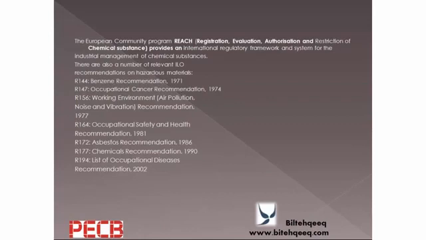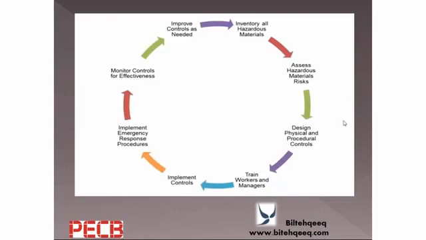If you see the cycle, it starts from assessing hazardous material risk, and then you need to design physical and procedural controls, and after designing the controls, you have to train workers and managers, and then implement the controls, and after implementing the controls, implement emergency response procedures, and monitor controls for effectiveness and improve controls as needed.